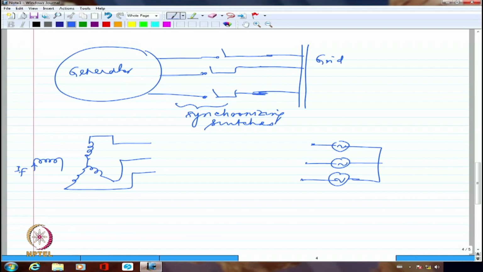But definitely before that, I would have run this rotor, which is coupled to a prime mover, at a speed corresponding to synchronous speed. So I know also that the frequency is going to be really close to 50 Hertz. Because I'm going to have the grid frequency close to 50 Hertz, I want this frequency also close to 50 Hertz.